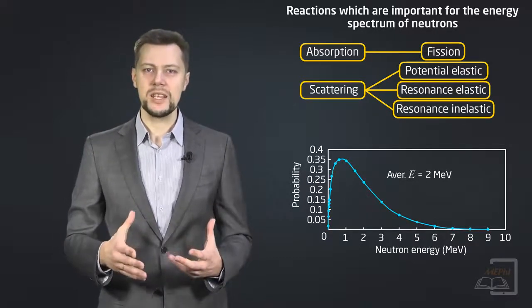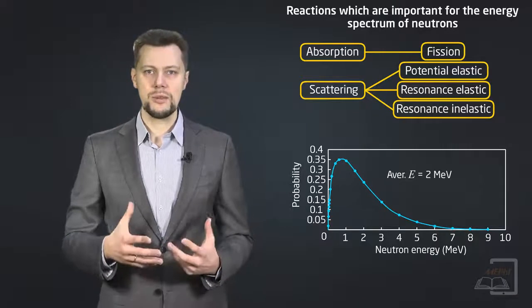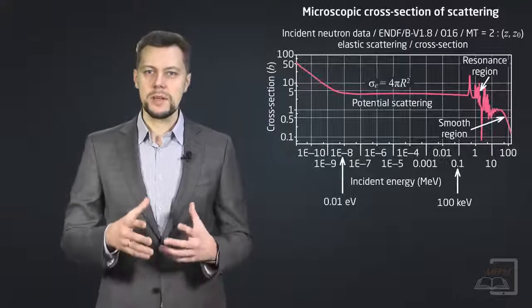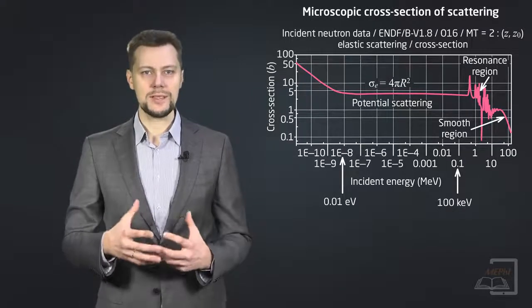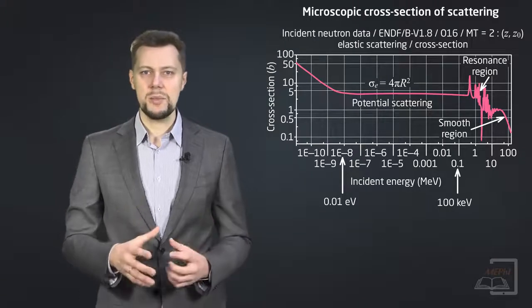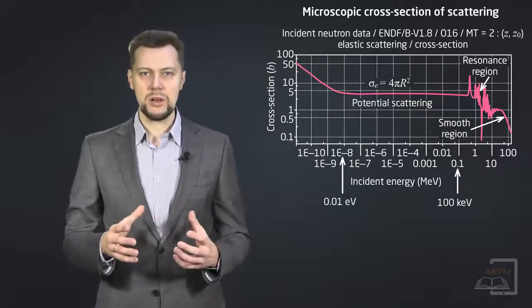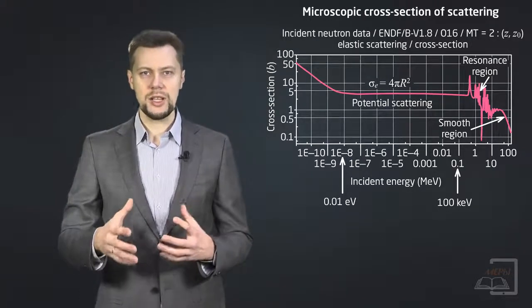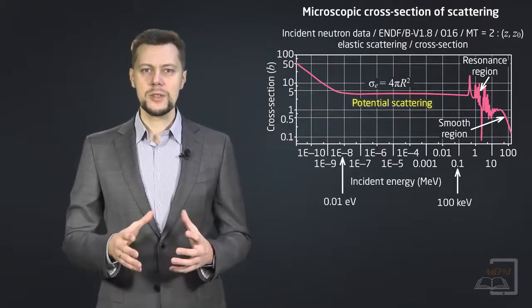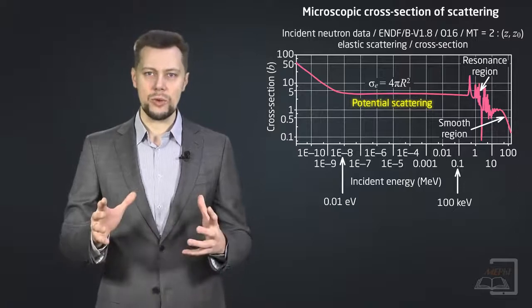So the main nuclear reaction for neutron slowdown is potential elastic scattering. Look at the typical microscopic cross-section of elastic scattering. As usual, there are 3 regions in the dependency of the microscopic cross-section of scattering on energy in the epithermal energy range. The first is the table-length zone.